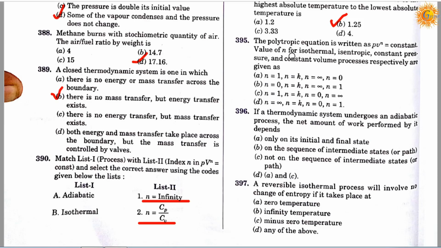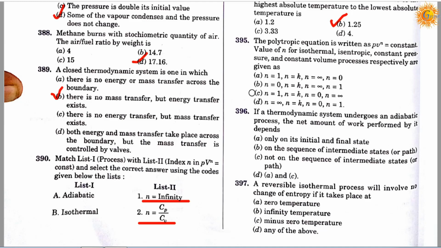The value of n for isothermal, isentropic, constant pressure and constant volume processes respectively are given as option A, n will be 1, k, infinity and 0, and option B, n will be 0, k, infinity and 1, option C, 1, k, 0, infinity, option D, infinity, k, 0, 1.